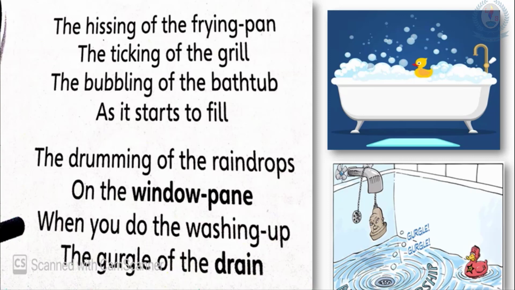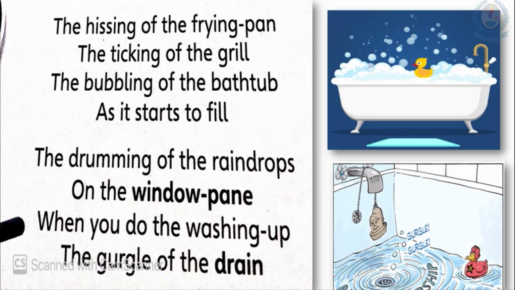If something such as hot oil or fat sizzles, it makes a hissing sound. The ticking of the grill. Do you know, a grill is a type of cooker that can be heated, on which we can put food to be cooked. So when the grill ticks, it means the food is cooked.